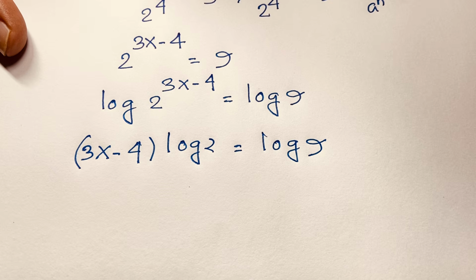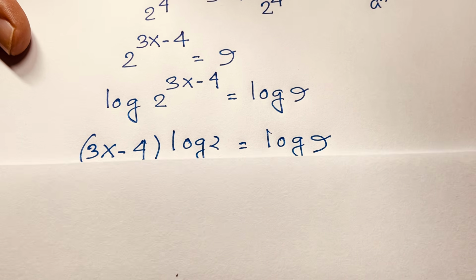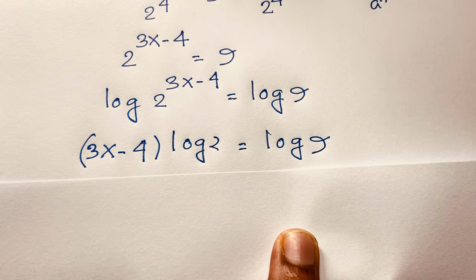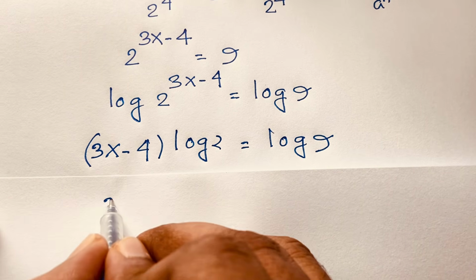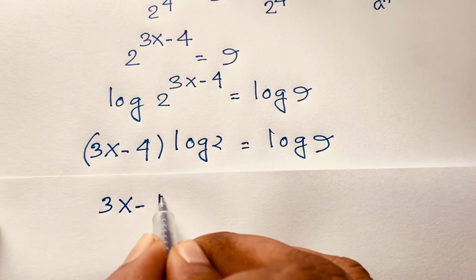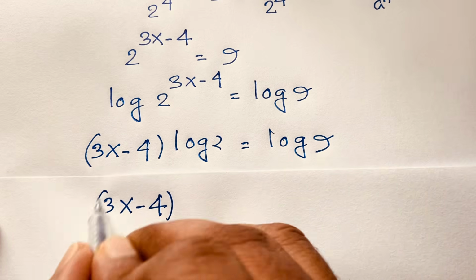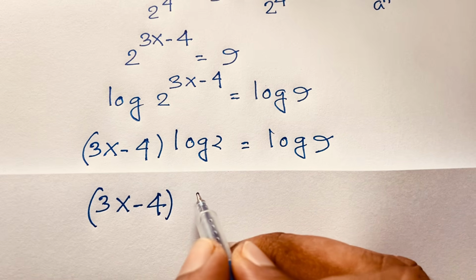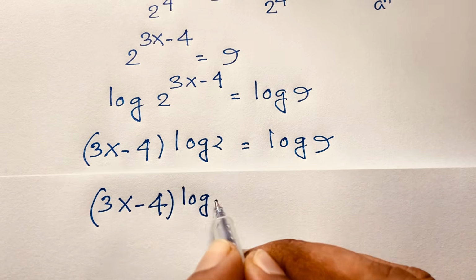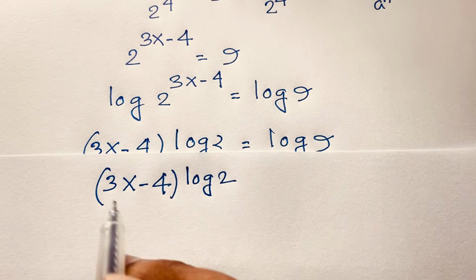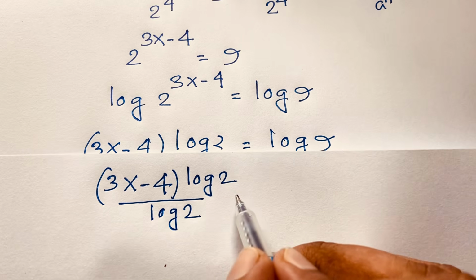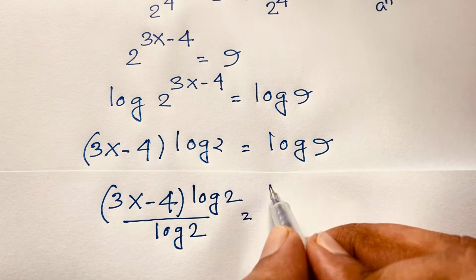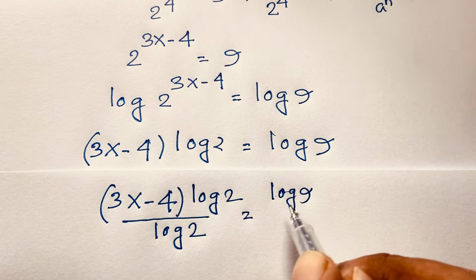Now I divide both sides by log 2. So if I divide both sides by log 2, we find 3x minus 4, then if I divide below by log 2, this is log 2, then here log 2, then this log 9 divided by log 2.